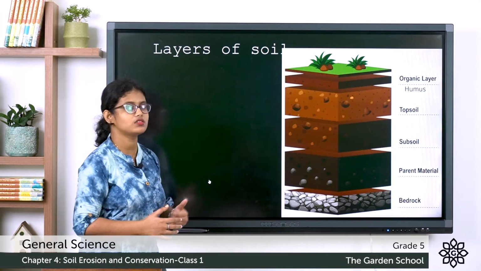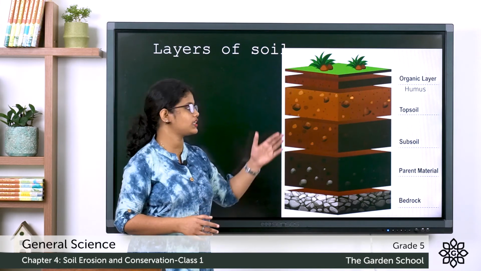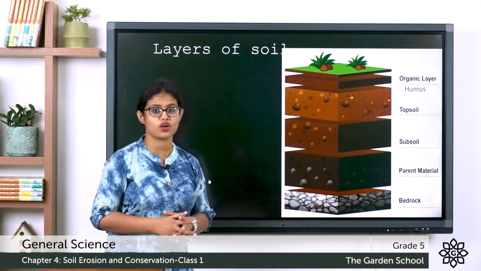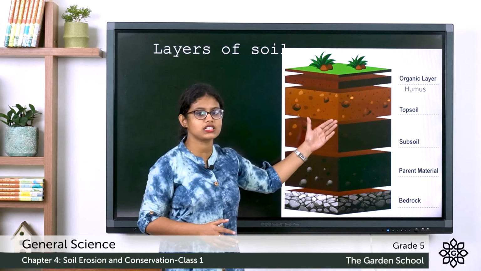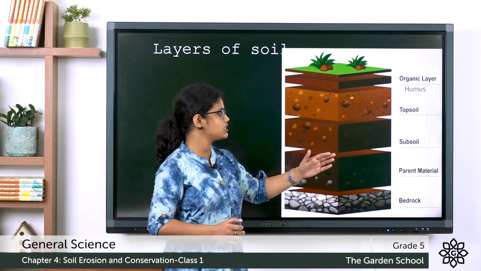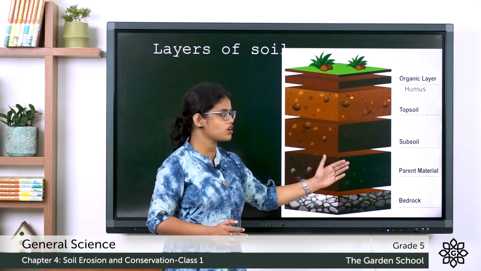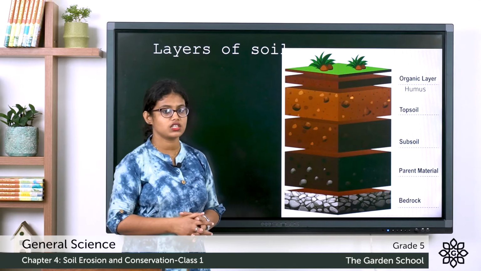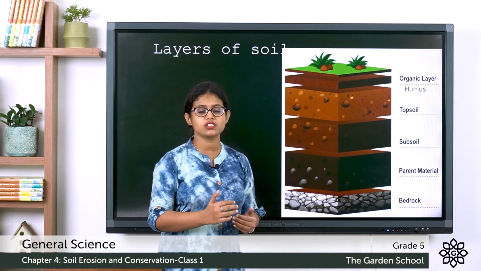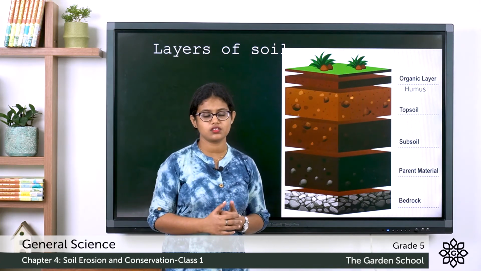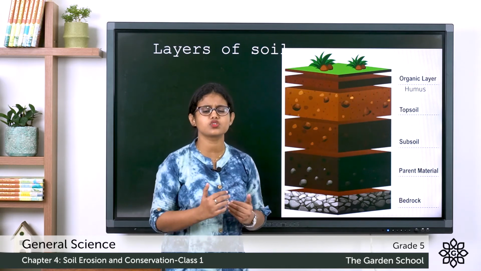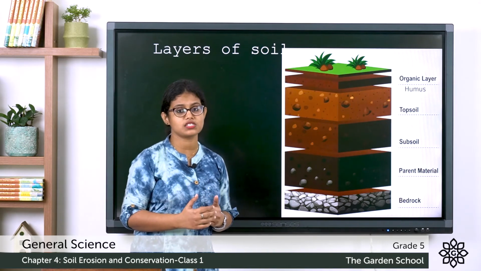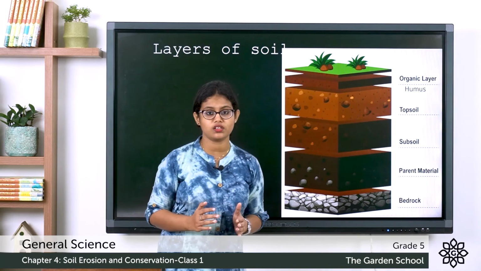Coming to the layers of soil. There are different layers of soil: the organic layer, topsoil, subsoil, parent rock and the bedrock. The first one is the organic layer, or humus layer, which contains the dead remains of plants and animals. Then there is the topsoil.